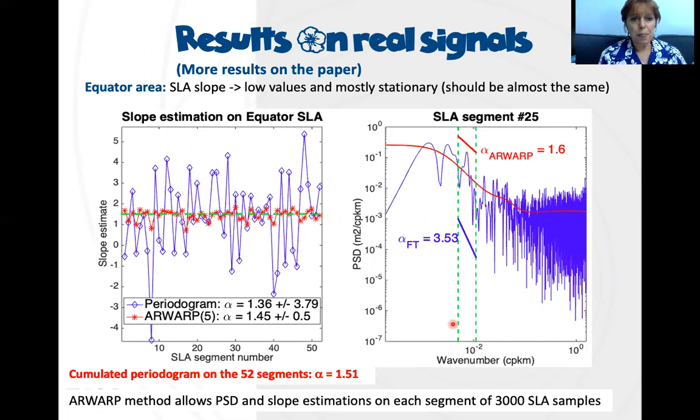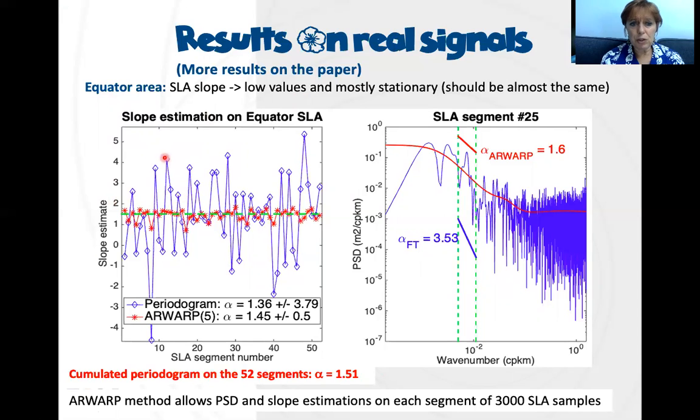Here, the SLA are coming from the equator area, which is known to have low values of the slope, and more important, mostly stationary. I mean, the different SLA segments should have almost the same value of the slope. On the left here, you see the results of 52 slope estimations made on 52 SLA segments of 3,000 samples each.